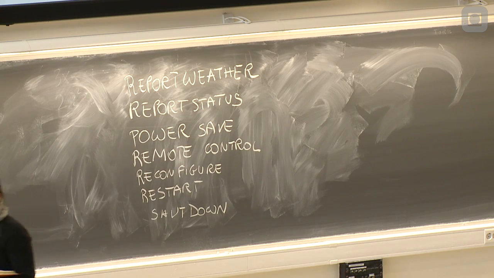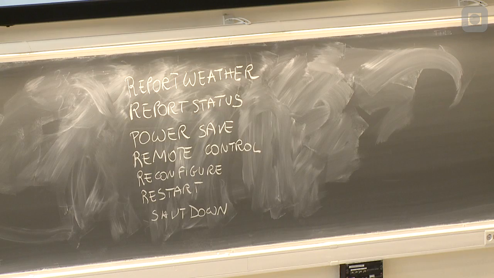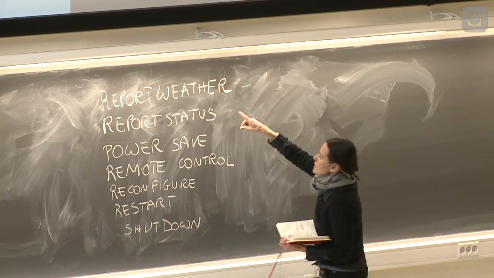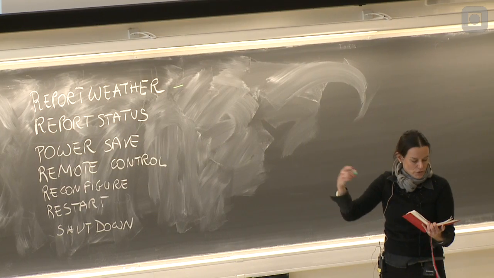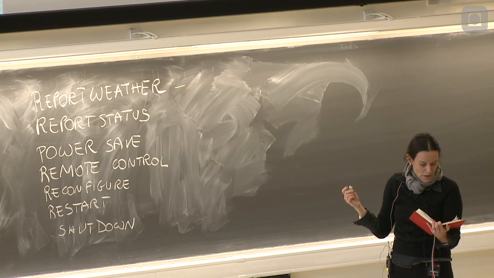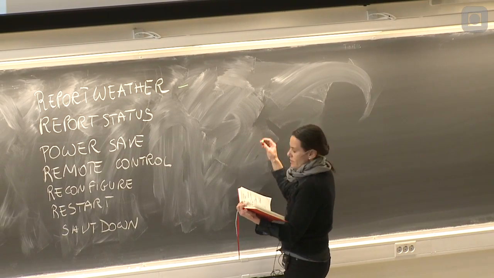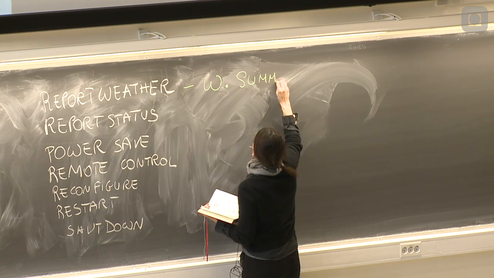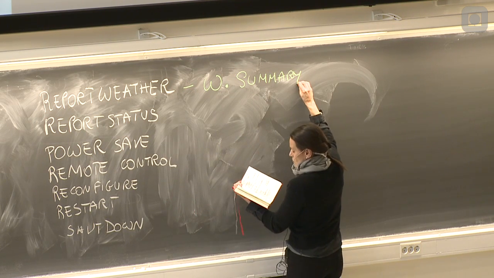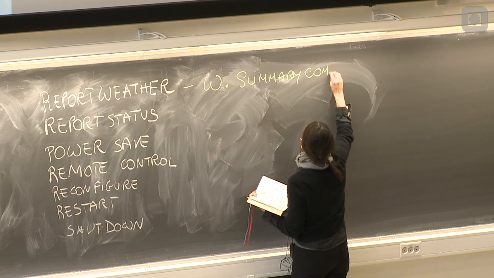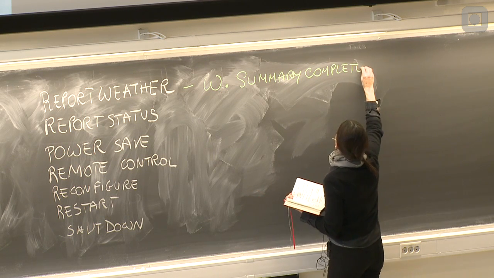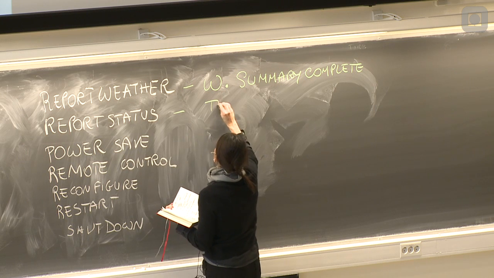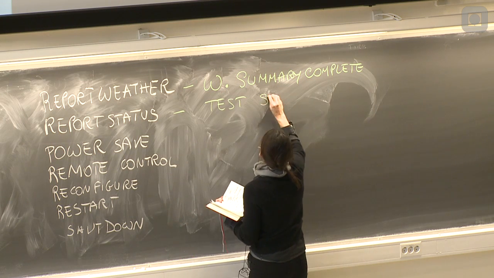I want to go a bit further in order to understand what comes afterwards and see what these methods will return. The method report weather will return a weather summary complete. The method report status will return a test status.